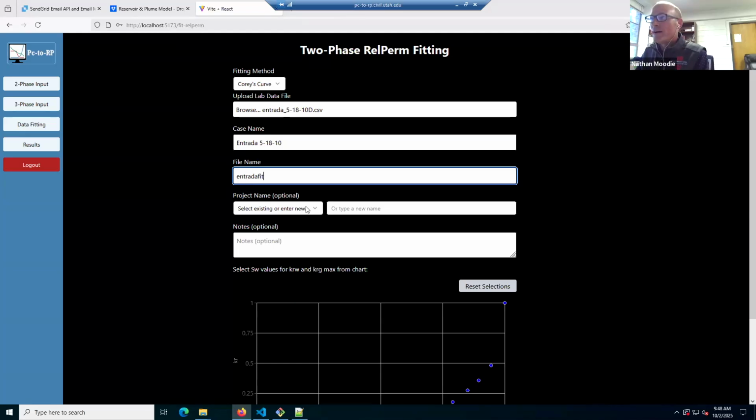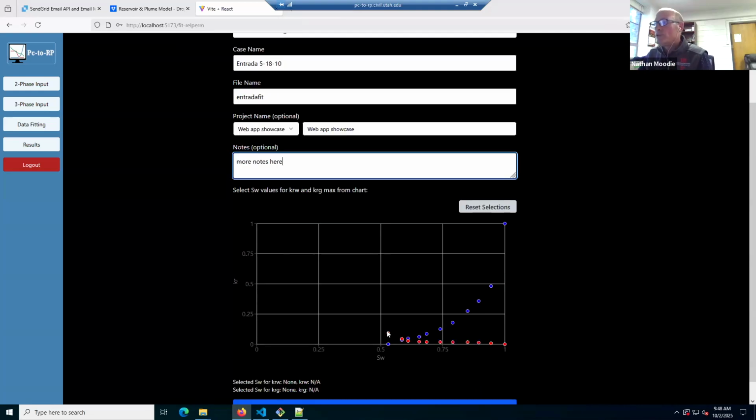So then we'll go to fit. It's the file. Let's see. Yeah, web app showcase. More notes here. We can choose the endpoints, or we can have the fitting algorithm just pick the two endpoints from the data. So I'll go ahead and choose them this time to showcase that. You can choose these two endpoints that you want.